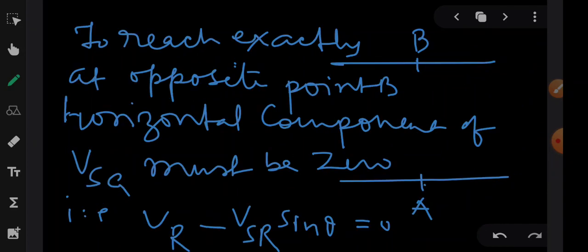Now, suppose the swimmer has to start from A and he has to reach exactly at its opposite point B. So there is no question of drift in the horizontal direction. It means that is possible only when the horizontal component of velocity is 0. So VR minus VSR sin theta is equal to 0.